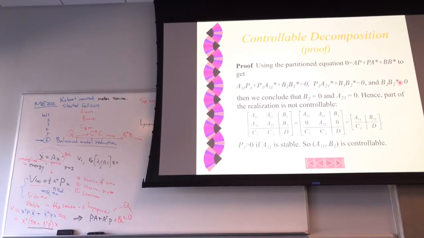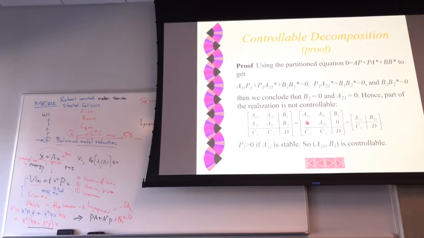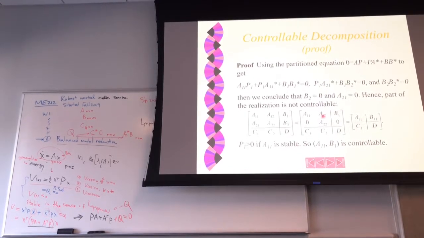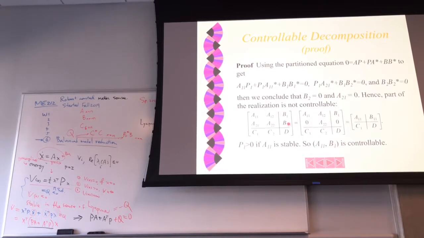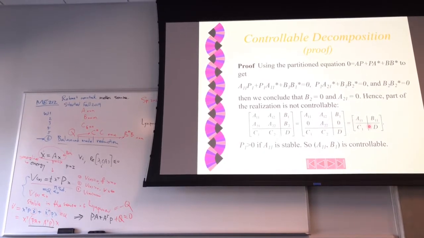So B2 is 0. And this one, P1A, is 0. That means this one is 0. So the realization of this one after partition will become this, and this one is equivalent to this.